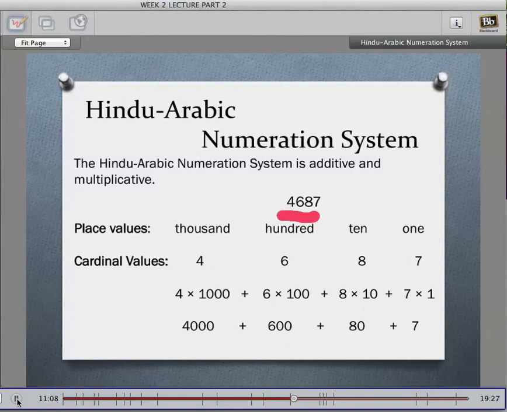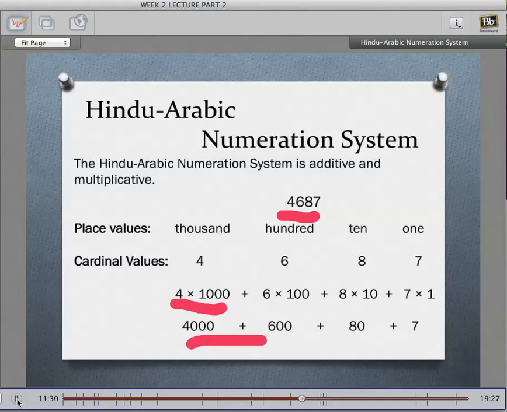So here I have a number such as 4,687. Our system has a multiplicative and an additive feature to it. We have multiplication, which comes from the place value, and we have addition, which comes from putting the places together.